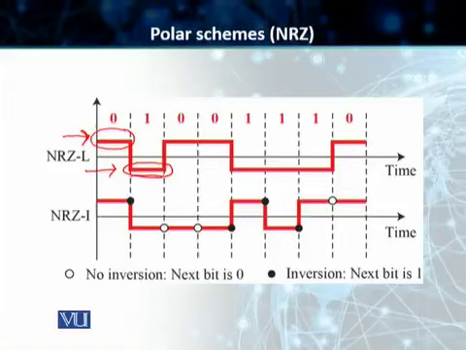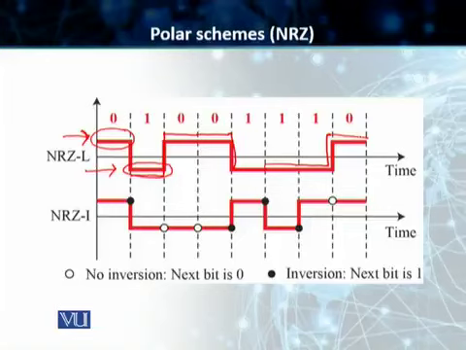As soon as it changes again to 0, we go back to positive. The next bit is 0, it stays positive. The next bit is 1, it comes again to the negative voltage level. Once again we have got 1, it stays the same, 1, it stays the same. And then it's 0, so its voltage goes to positive. This is our non-return to 0 level.